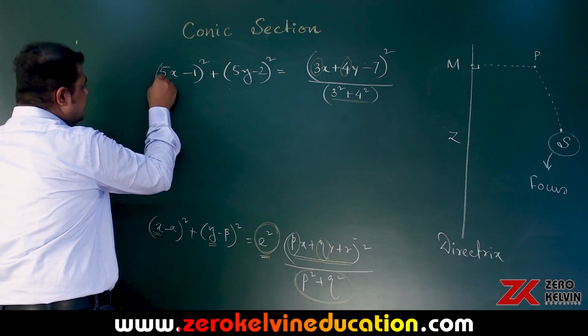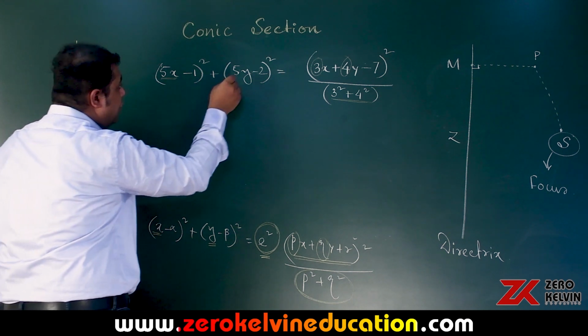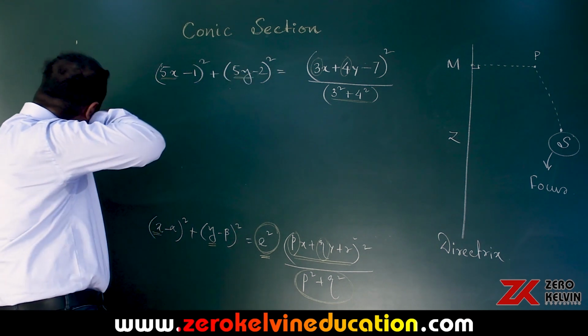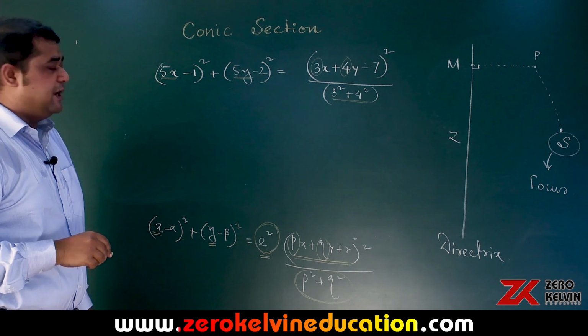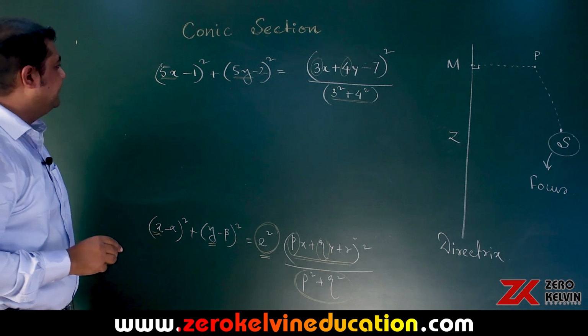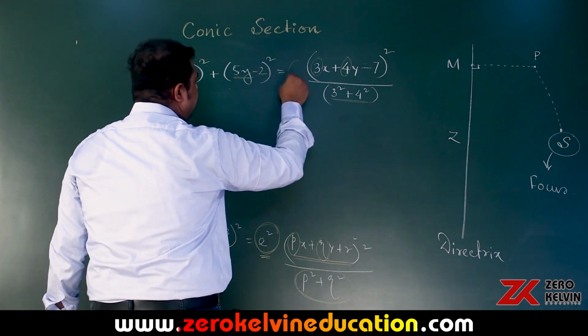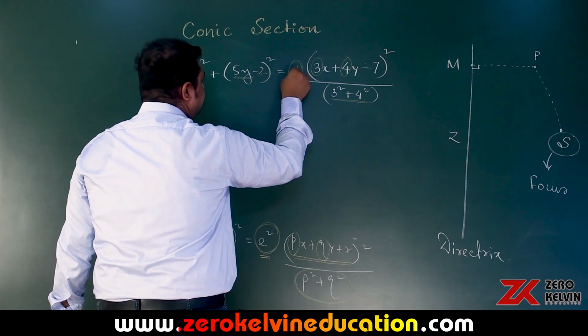But on the left hand side, the distance form is not in its standard variation. We do have 5x and 5y instead of x and y, and we need to decide on the eccentricity also.